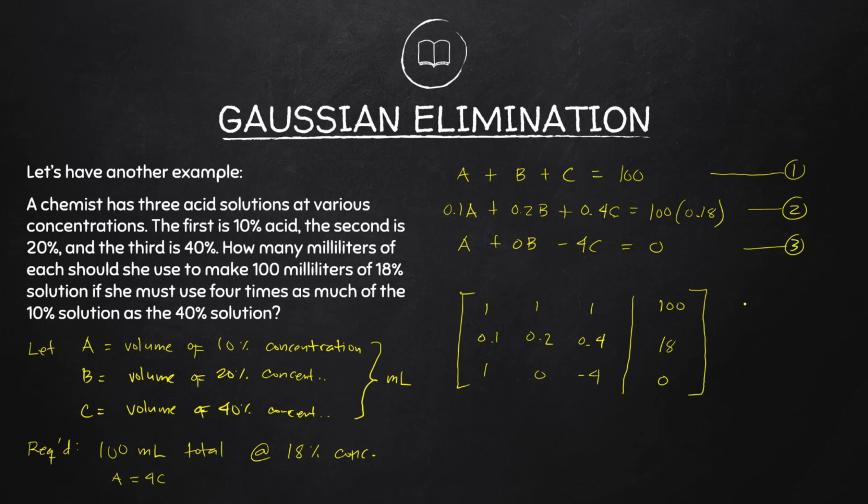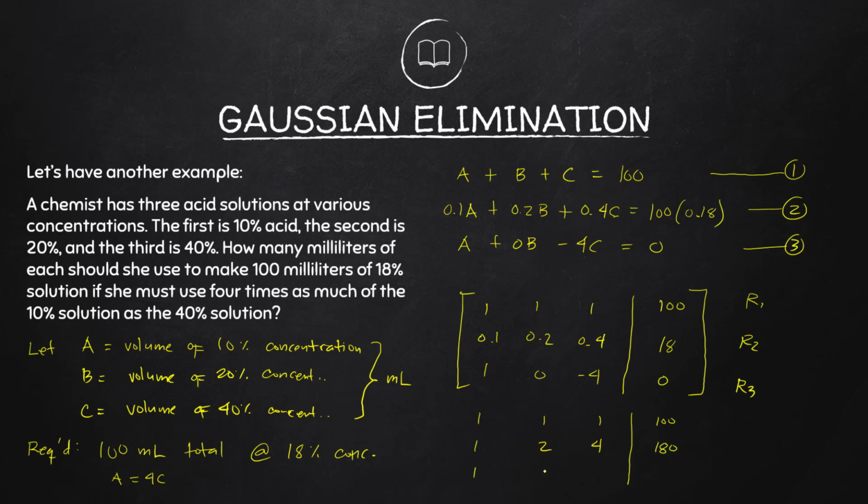So we have here row 1, row 2, and row 3. Let's multiply row 2 by 10 for us to get rid of the decimals here. And we will arrive with 1, 1, 1, 100. Multiplying row 2 by 10, we will have 1, 2, 4, 180.